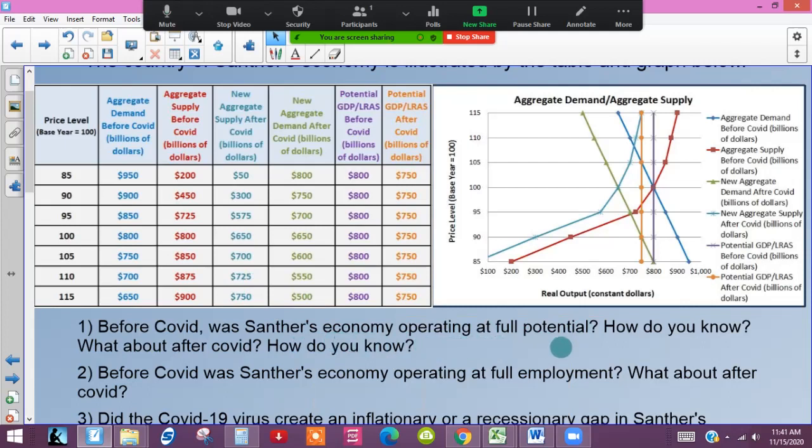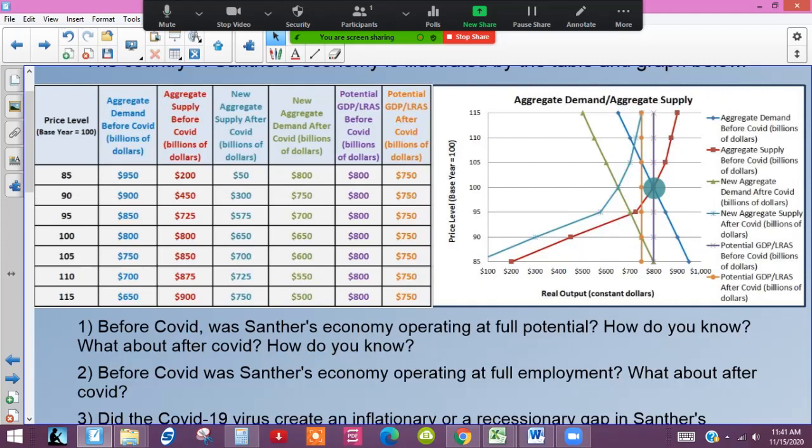How do you know? Well, yes, because before COVID, right here, our potential, or the long run aggregate supply curve was purple right here, and our aggregate demand and aggregate supply was here and here. So we're right here. So we're operating right here where the equilibrium in the economy is at potential.